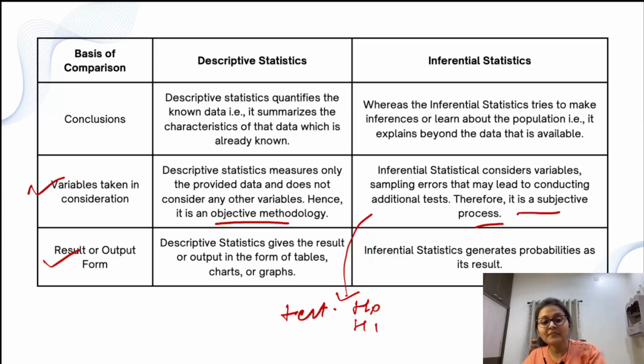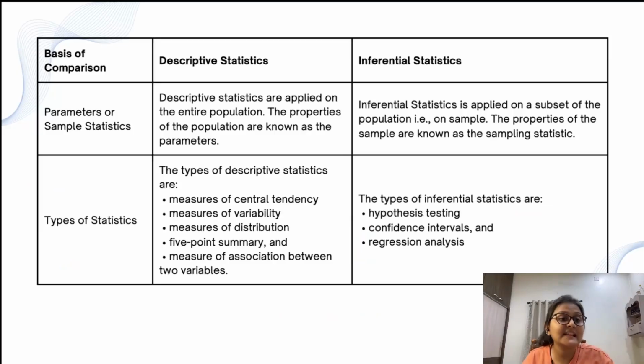Right. Now, let us look at the next slide. This tells us about the parameters or sample statistics. Now, let us look at this in detail. Descriptive statistics are applied on the entire population. The properties of the population are known as the parameters.